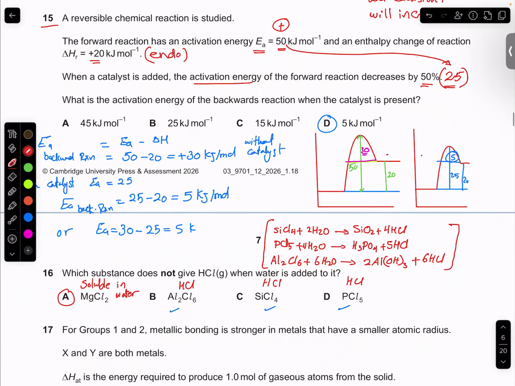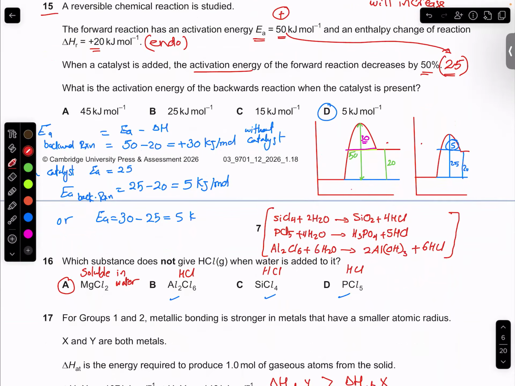Let's see. This is the endothermic reaction, before catalyst, without catalyst. The total Ea was 50 and the delta H was 20.